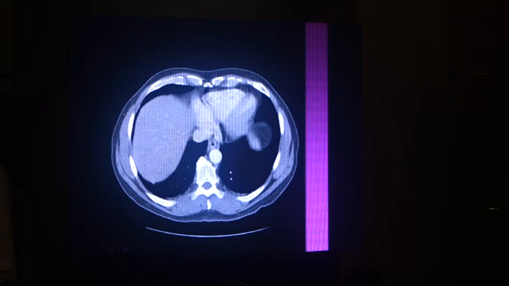Yes, right lobe of liver. What is this? No, this is not gallbladder. This is portal vein. Next. What is this? Try to identify this.